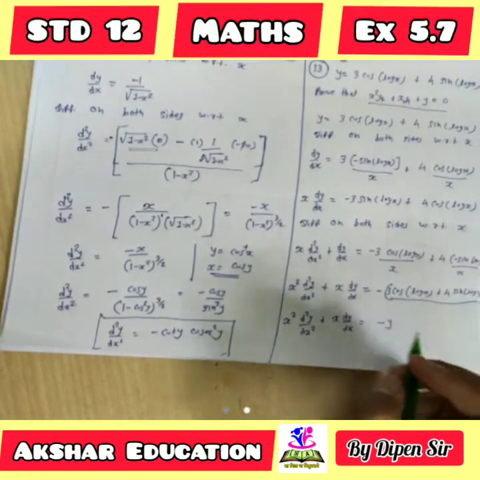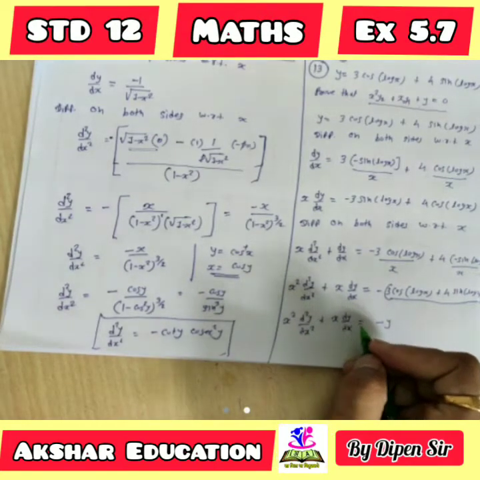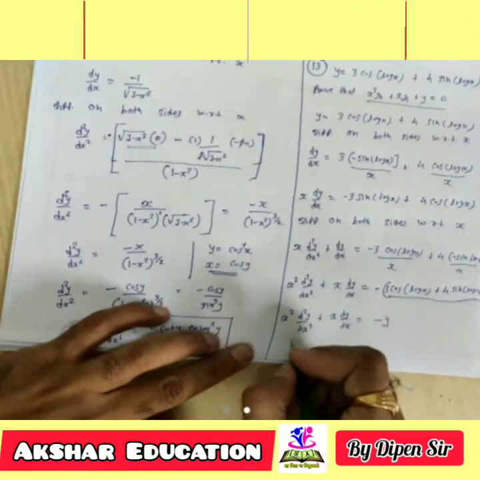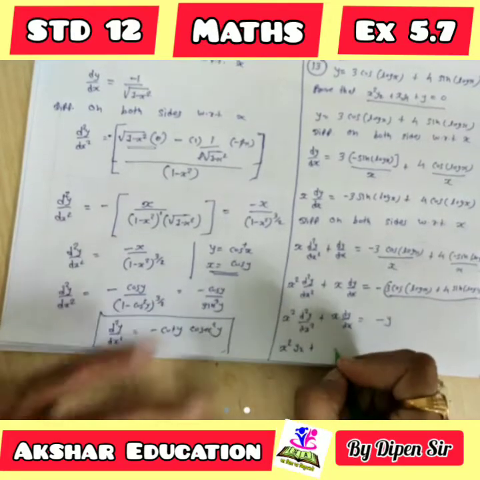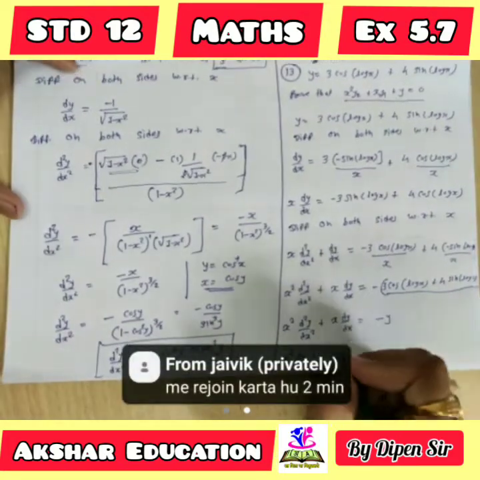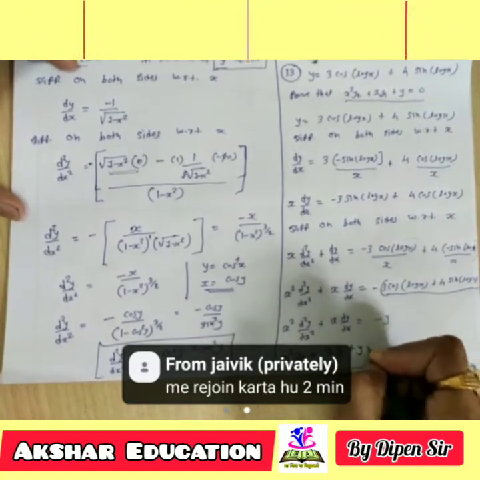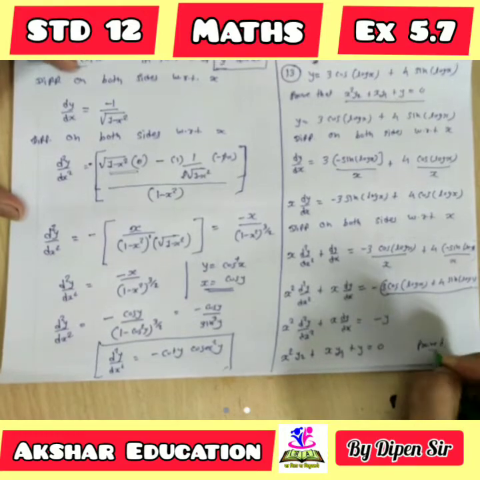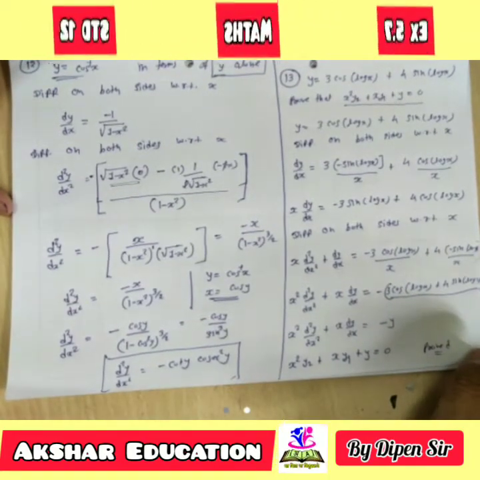And now we are using our notation, that is second order derivative as y2 and first order derivative as y1. Taking this minus y on the left hand side, we will get what you have to prove. So this one is x square y2 plus x y1 plus y equal to 0. This we have to prove. Clear? So this is your question number 13.